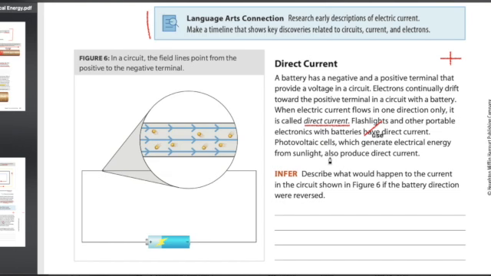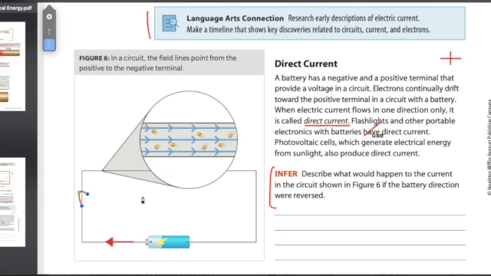Infer. Describe what would happen to the current in the circuit shown in figure 6 if the battery direction were reversed. So right now we are looking at electrons leaving the positive end of the battery, and I'm sorry, that's not what we're looking at.